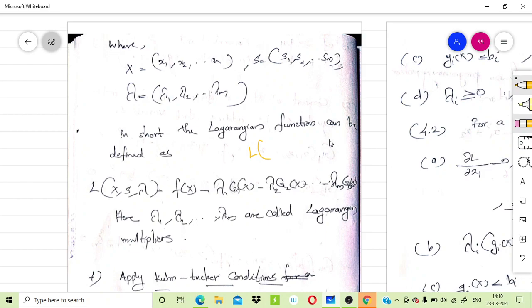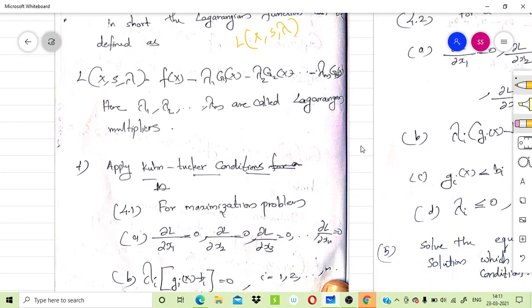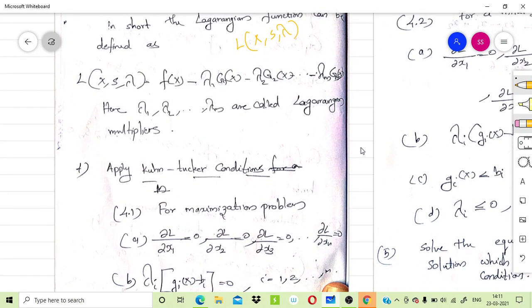In short, you can write L of vector x, vector s, and vector lambda, or the set x, set s, and set lambda, and that is equal to f of X minus lambda 1 g1 of x minus lambda 2 g2 of x, etc., minus lambda m gm of x. The lambda 1, lambda 2, etc., lambda m are called Lagrangian multipliers. So in step 3 you have introduced a function known as the Lagrangian function.